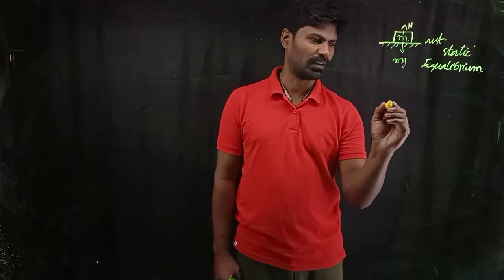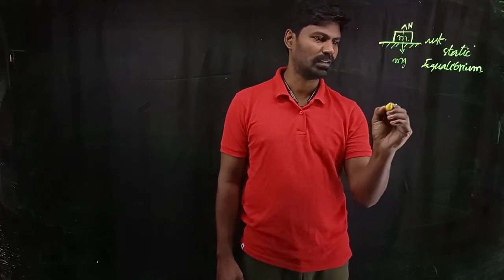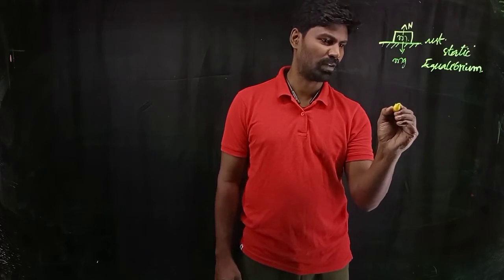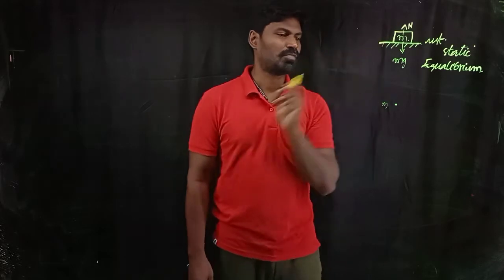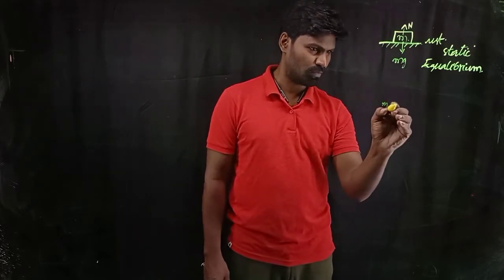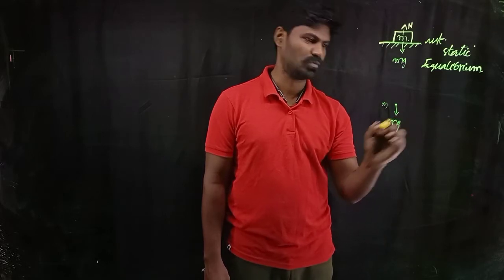Instead of that, let us consider a second case. Here there is a raindrop of mass m. Once the drop is formed, it starts to move downwards due to the gravitational force acting on it, mg.